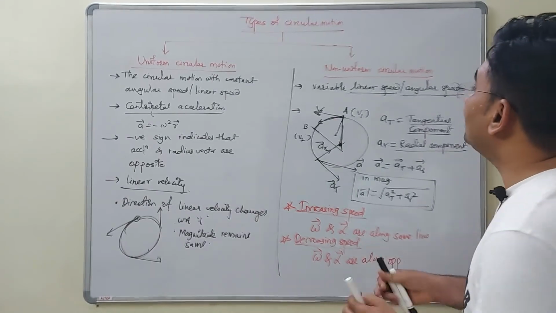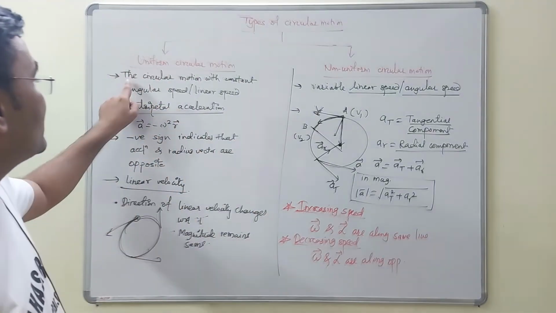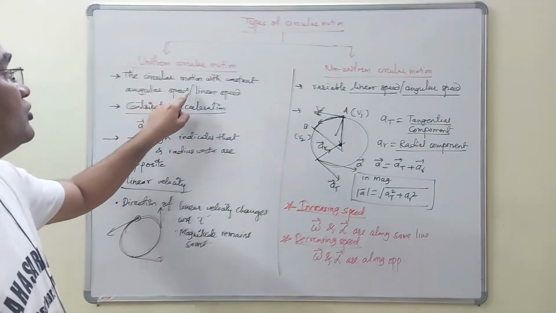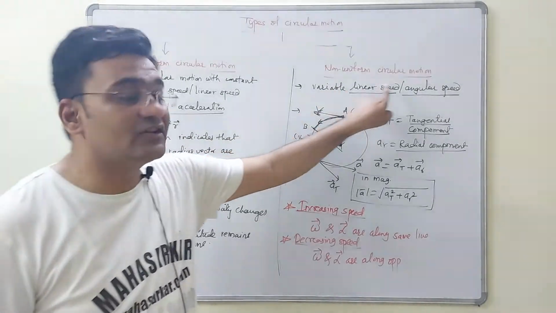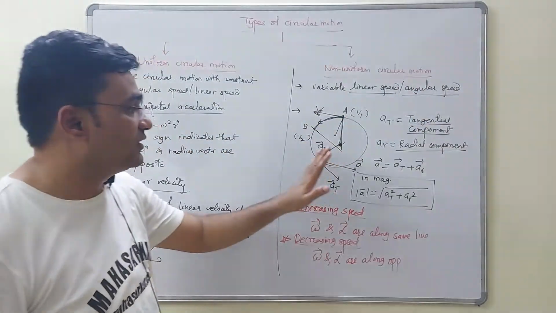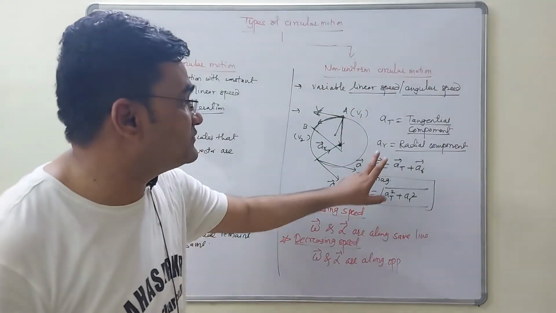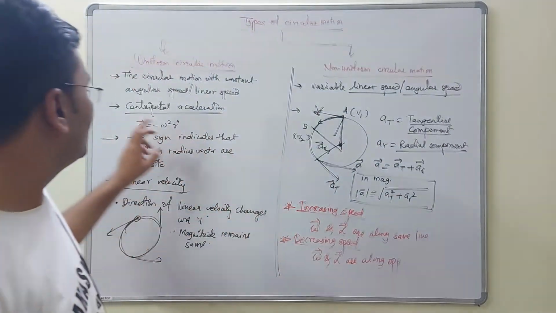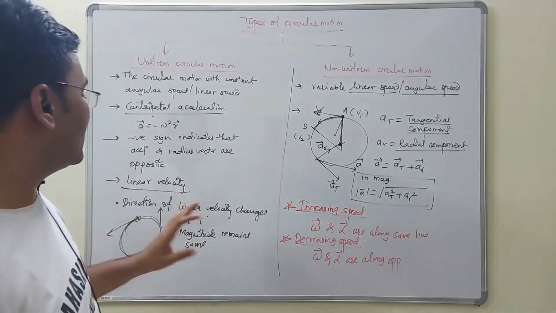So this was non-uniform circular motion. Remember, in uniform circular motion the speed of the object is constant, whereas in non-uniform circular motion both linear and angular speed change. Because of that, the acceleration in non-uniform circular motion is resolved into two components, whereas centripetal acceleration alone is enough to produce uniform circular motion.